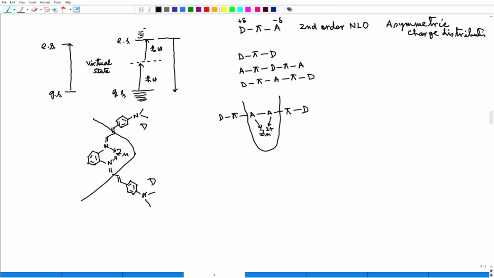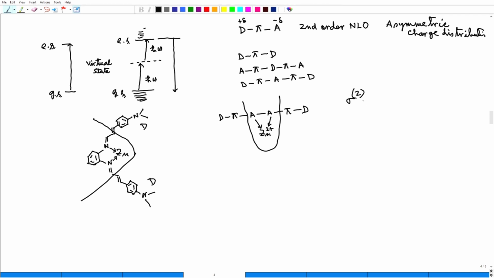So now, what are the values? Let me write the value. What value? That unit, sigma 2 values. What was the unit? I told you GM.